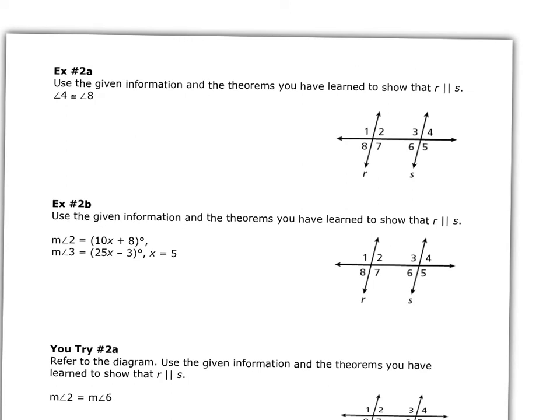Alright, let's look at this next example. We know that 4 is congruent to 8. Well, what type of angles are those? Those happen to be alternate exterior angles.